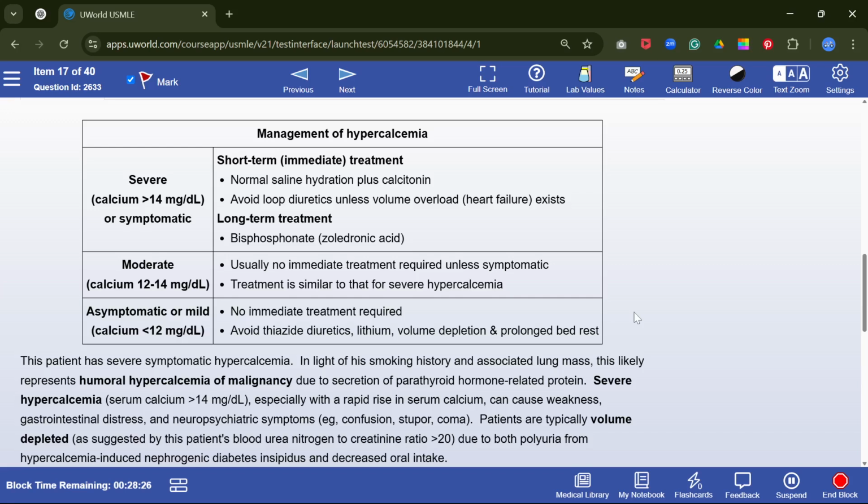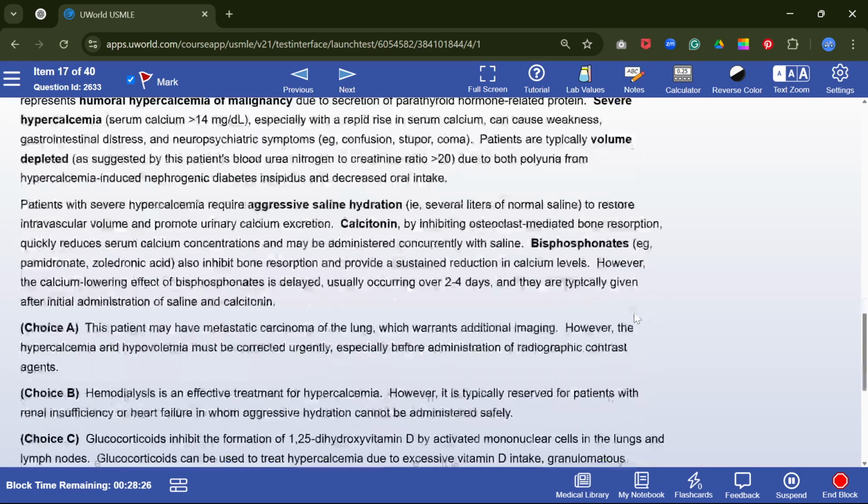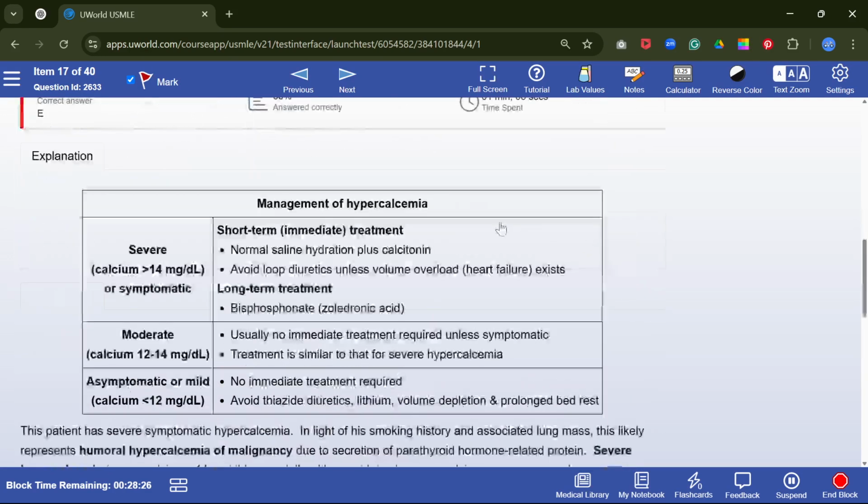Long-term management: bisphosphonate. Bisphosphonate starts working 2 to 4 days after, so it is delayed. For long-term treatment, bisphosphonate.